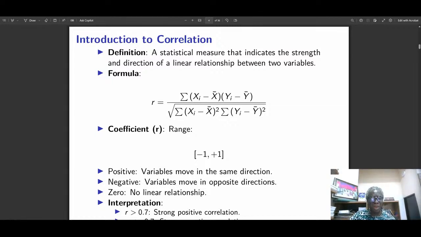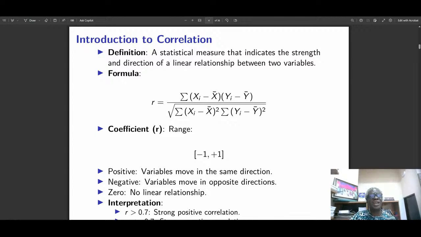Great. So, we are trying to now define correlation. Earlier we talked about association, which is simply to establish whether the association is positive, whether variables are moving in the same direction, or whether they are moving in opposite directions, or whether the variables are not related.